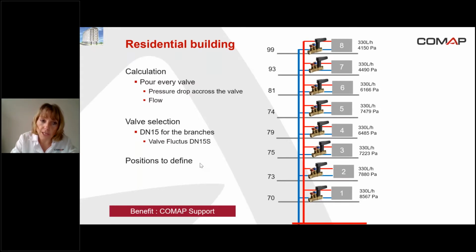The purpose of the calculations is to define the position of the valve. Don't forget that for the calculations, for the valve selection, Comap can help. Don't forget the Comap support in order to help you with your balancing projects.